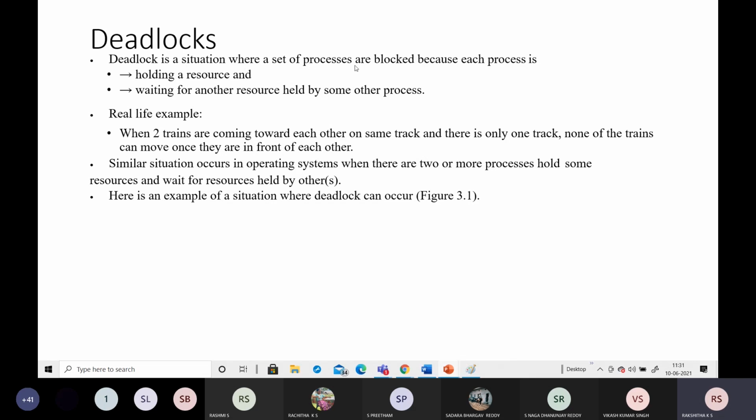Deadlock is a situation where a set of processes are blocked. So till here, two points you take down.